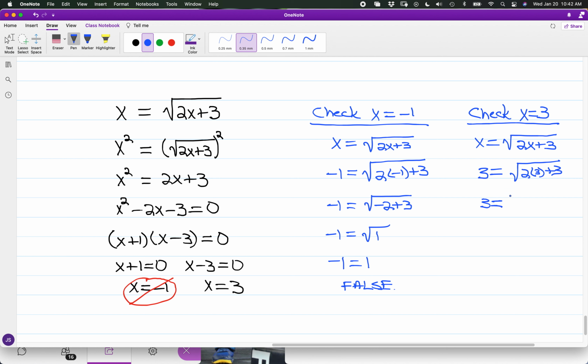Again, you don't have to write all this out, but I just want to do a bit of an expository display of what you're encountering. So you have 2 times 3 is 6, plus 3, and we have 3 is equal to the square root of 9, and again, square root of 9 is 3, so this is going to be true. So while negative 1 does not check out, 3 on the other hand does. So for this equation, there's going to be 1 solution, and that is the number 3.